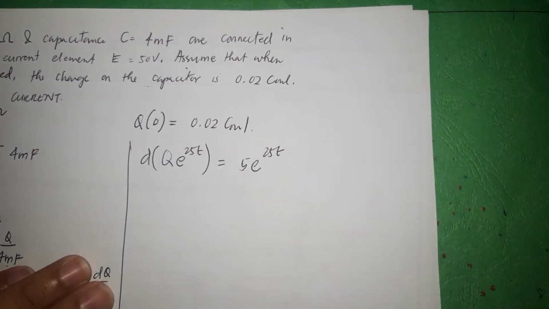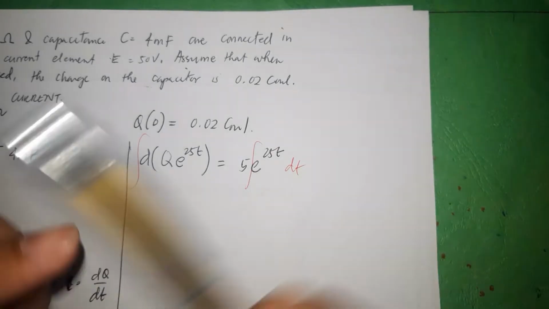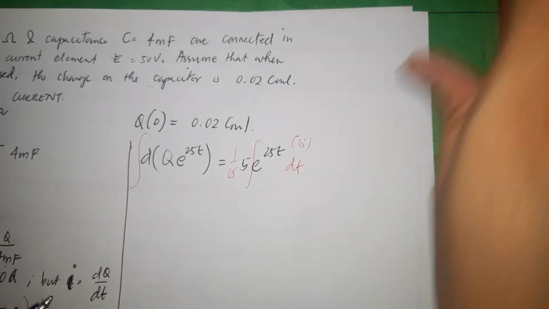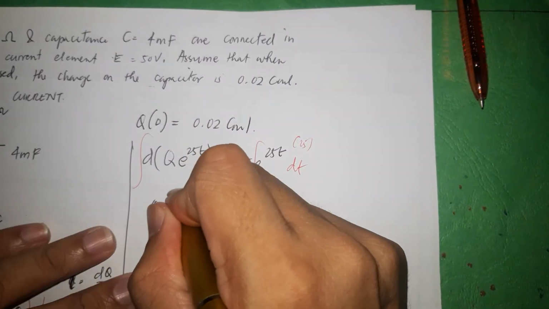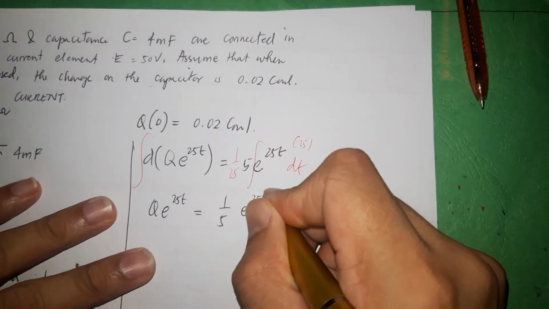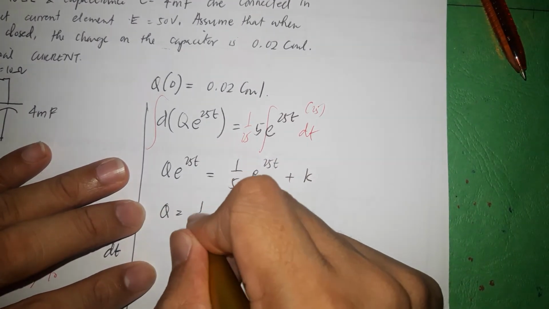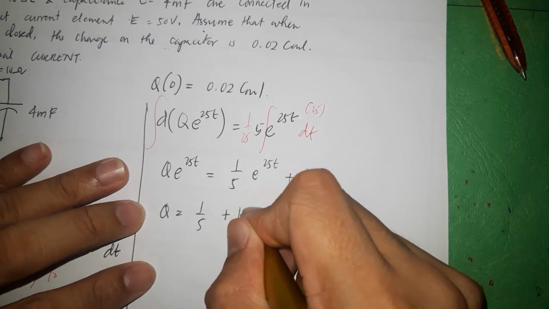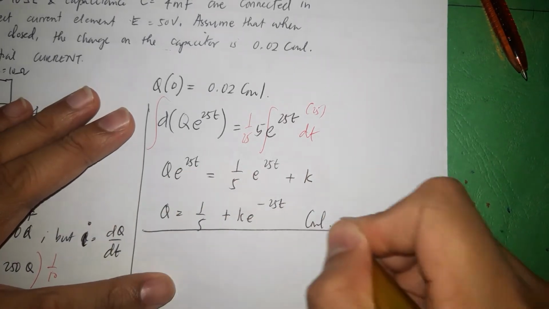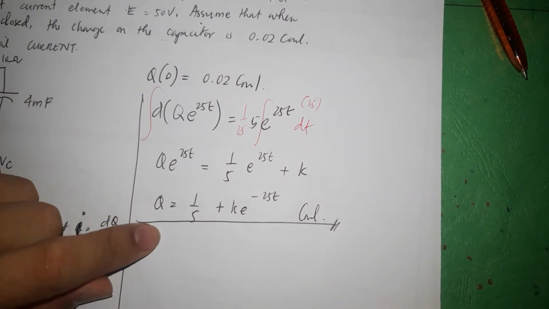So integrating the right side, I need to provide here 25 and compensate with 1 over 25. So your Q e to the 25t here is equal to 1 over 5 e to the 25t plus k. Then Q is 1/5 plus k e to the negative 25t coulomb. So that's our general solution.